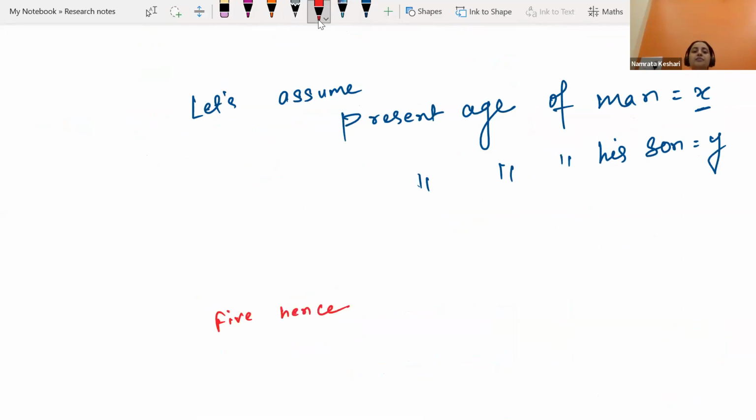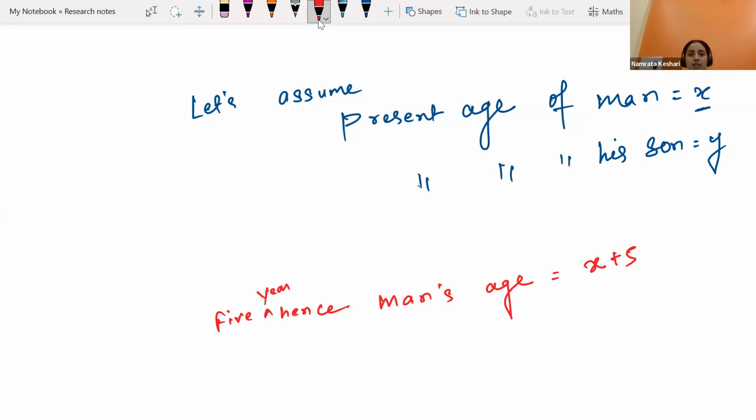Yes. 5 years hence, that means after 5 years man's age, which was X, will be X plus 5. Just like our age, after 1 year our age will be whatever age we are having now plus 1. After 2 years it will be whatever age we are having now plus 2. After 3 years it will be whatever age we are having now plus 3.